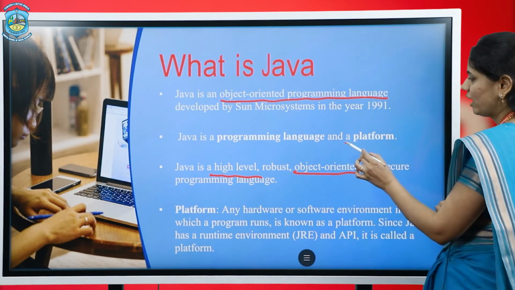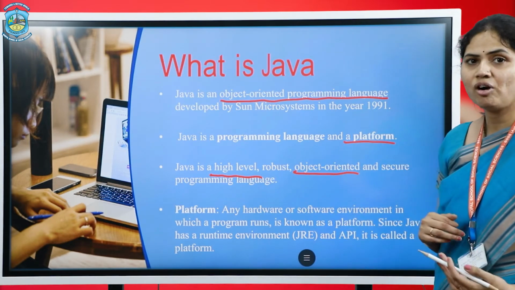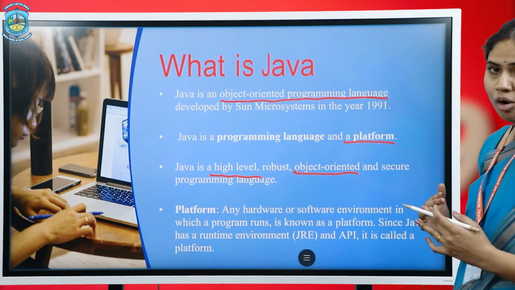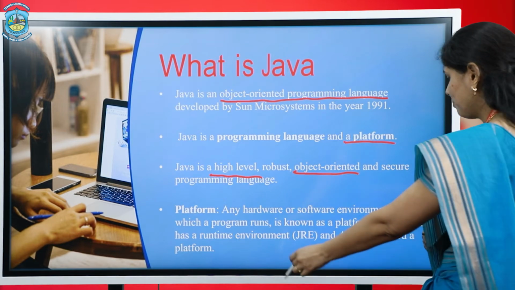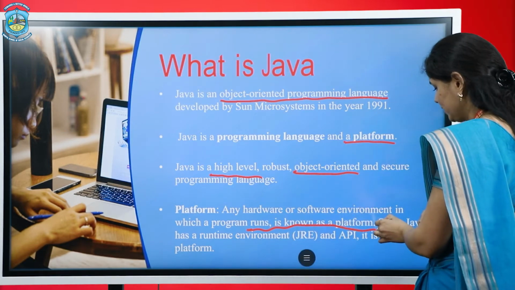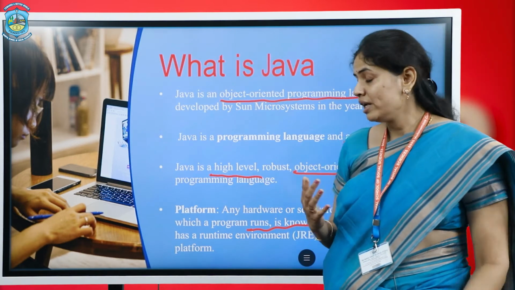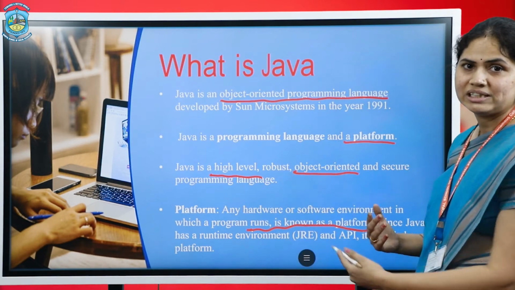Java also has a platform. Platform means a hardware or software environment in which a program runs. Java has its own Java runtime, which we will see in the next module.